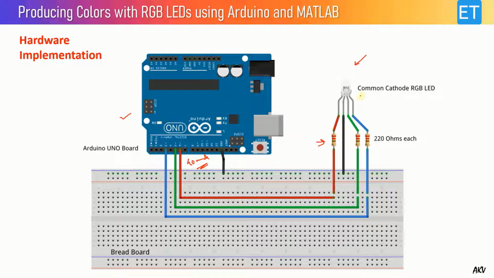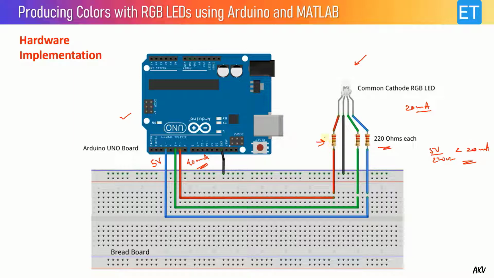And also we should see how much maximum current your LED can handle. So this LED can handle a maximum of 20 milliampere current per color channel. So obviously we have used 220 ohms for each channel. Since your board can produce a maximum of 5 volt, the maximum current will be 5 volt upon 220 ohms, which is obviously lesser than 20 milliampere.